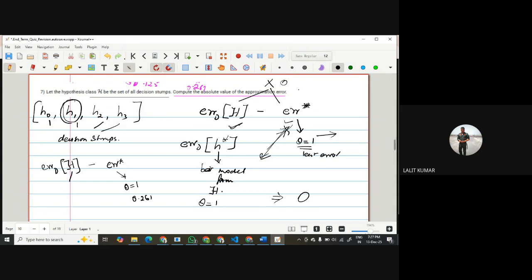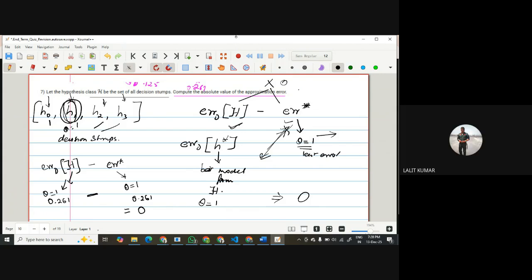Now the H class will have all stumps 0, 1, 2, 3, and we know the best model is stump 1. So here also we get the same model giving error 0.261, theta is equal to 1. When I subtract this, it becomes 0. Is that okay?